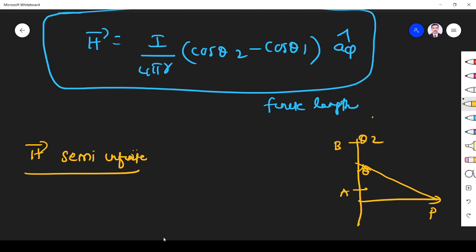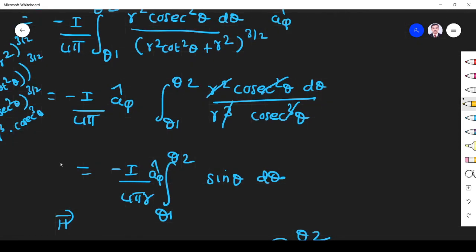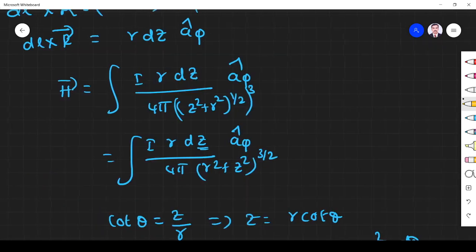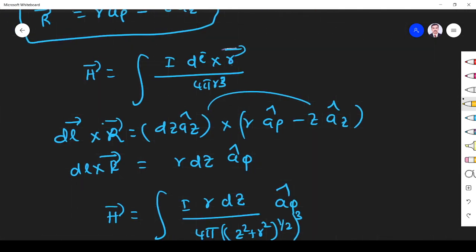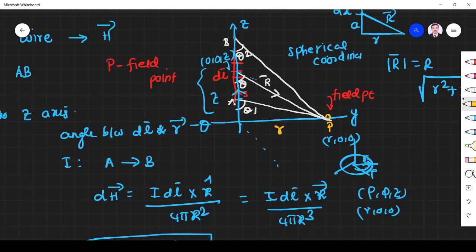So this is what finite length is, you see again, I show this. You see theta 2 is here, theta 1 is here, the length A to B, right? Now what we are going to do is make it infinite.